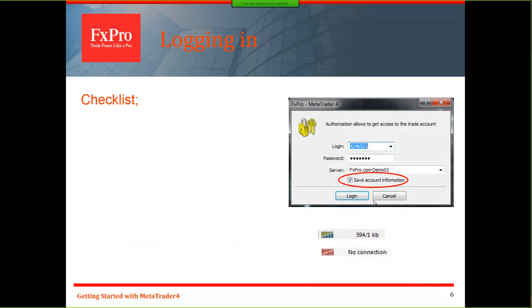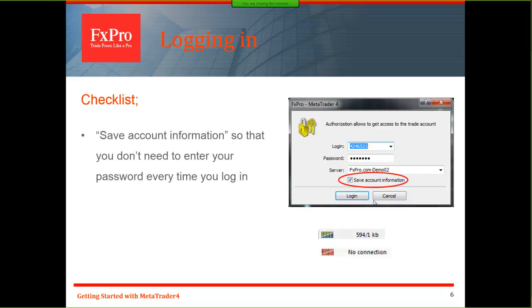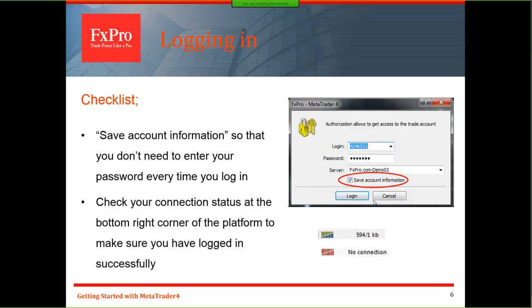Now, you may want to click Save account information so that you don't need to type your login and password every time. You'll know you have connected when the bars on the bottom right turn green, otherwise you'll see no connection.